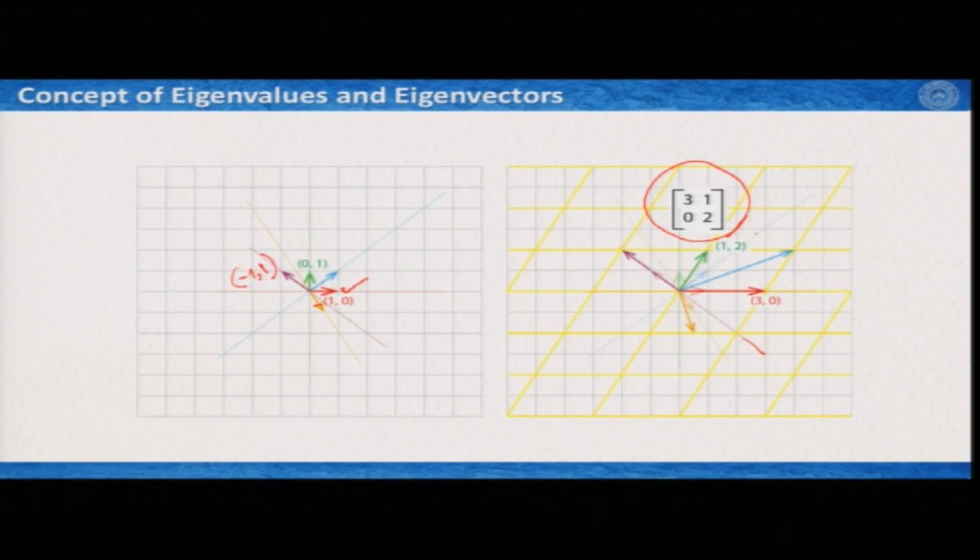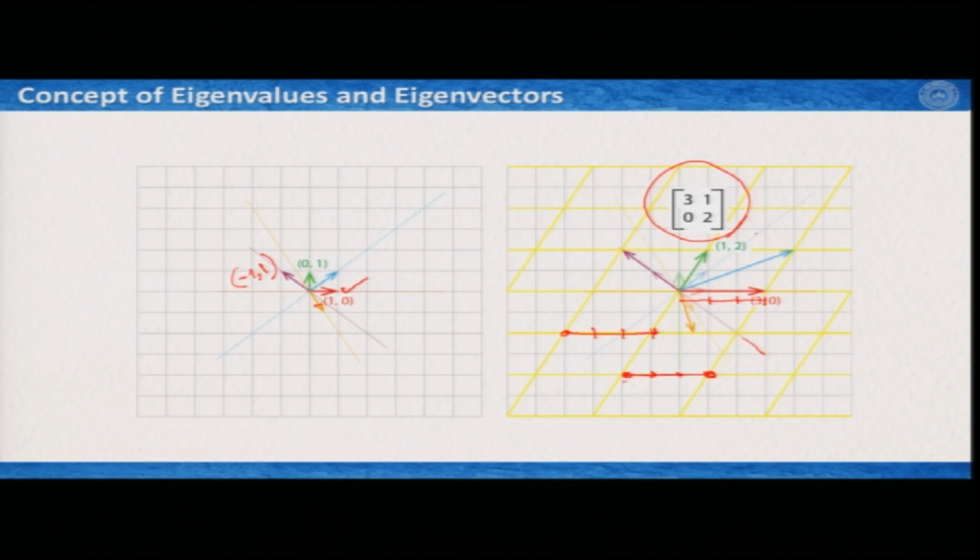What does it mean further? That no matter whichever point I take, this unit red vector has a stretch of 3 anywhere. You consider it was here, and then from its initial position it took 1, 2 and 3, it came here, 3 units.